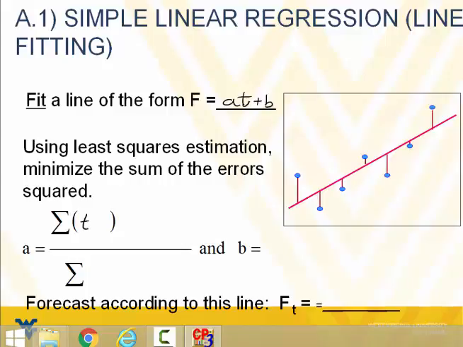So A is found out by taking the product of the time and the demand and summing up that product from the first period to the nth period, minus n times the average of demand.